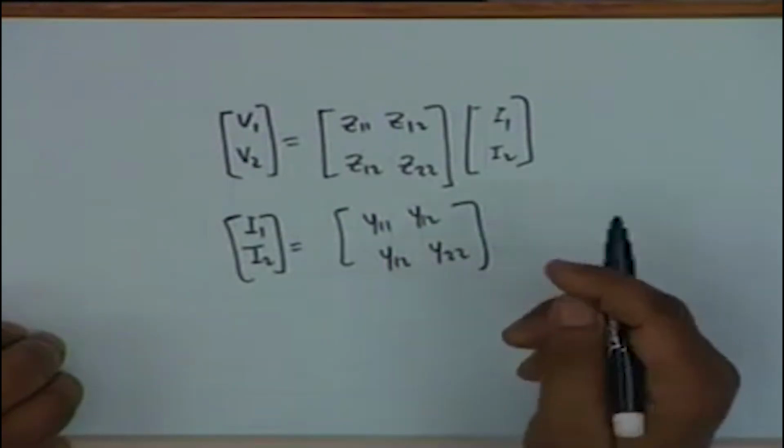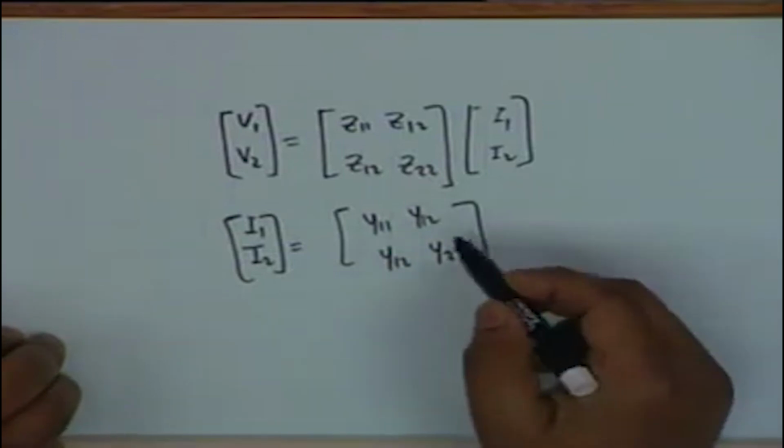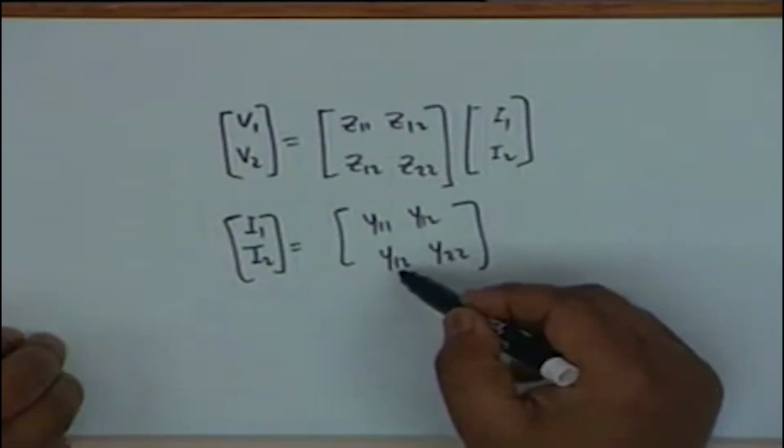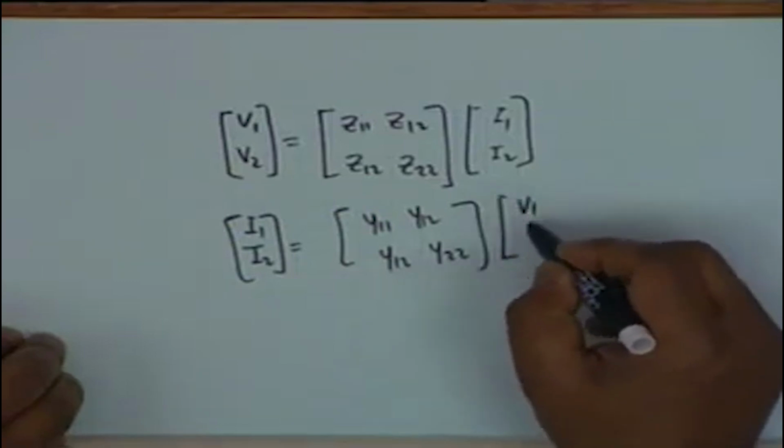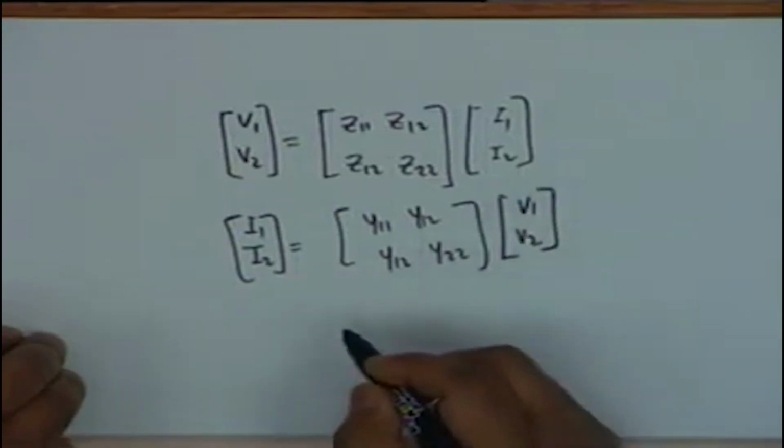We are assuming that the networks are reciprocal, that is why we are writing Y12 and Y21 as equal, multiplied by V1, V2.